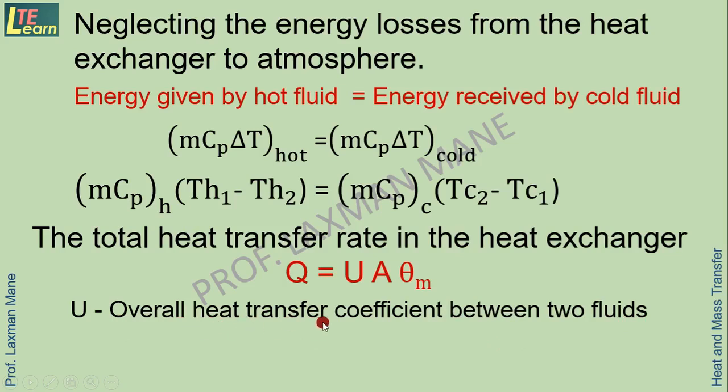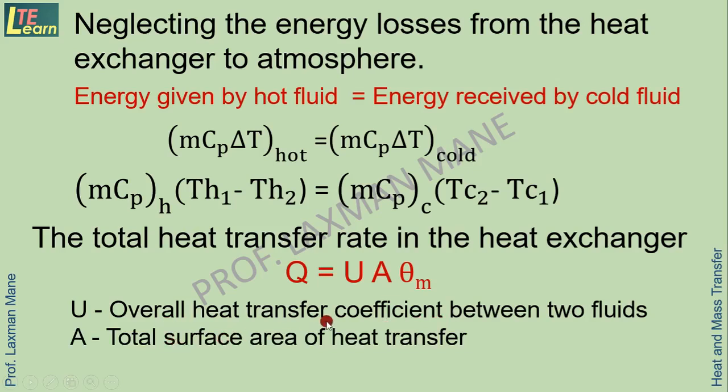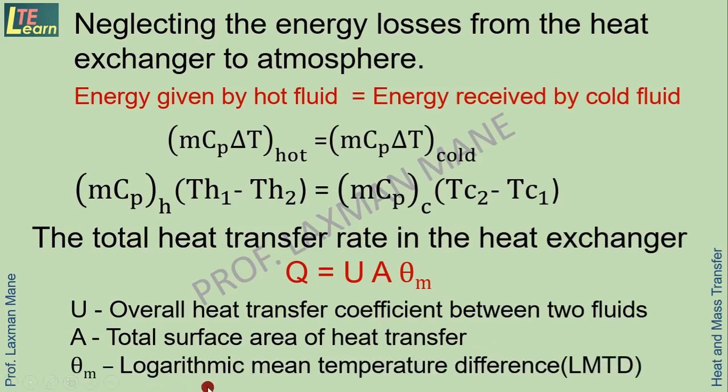This is taken into consideration because whenever different modes of heat transfer come into the picture, A is the total surface area of heat transfer, and theta m is the logarithmic mean temperature difference, means LMTD. There will be a separate video for the LMTD.